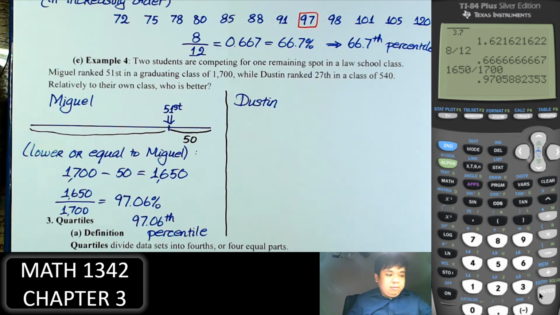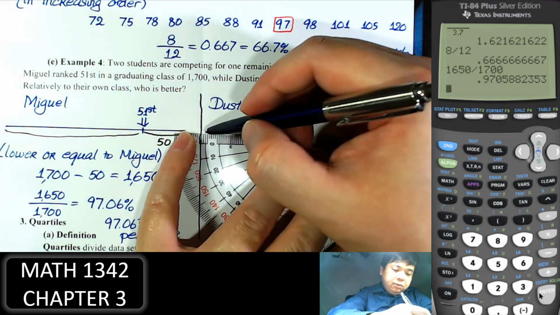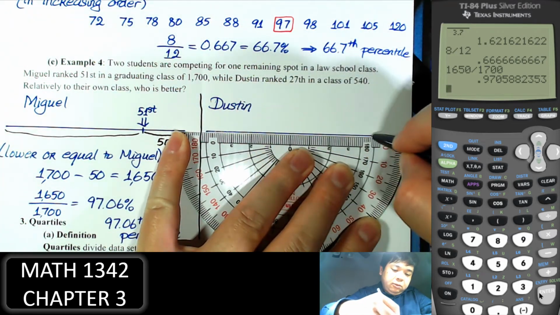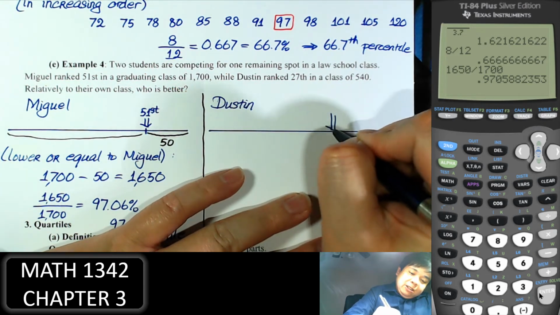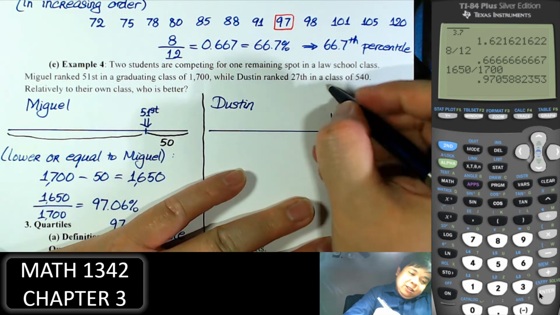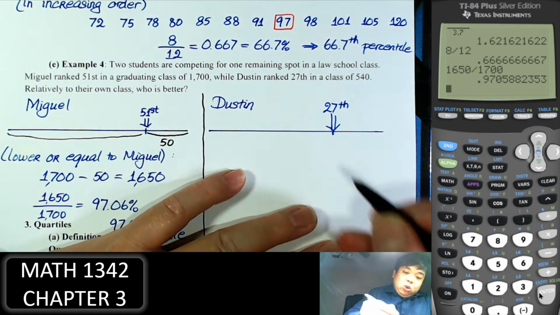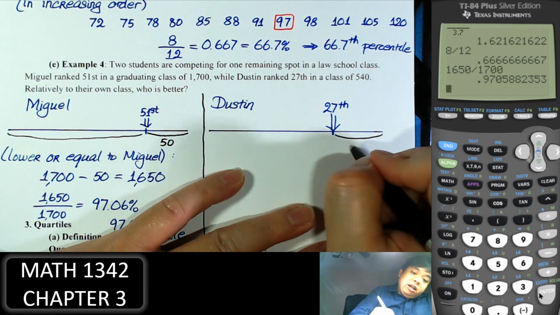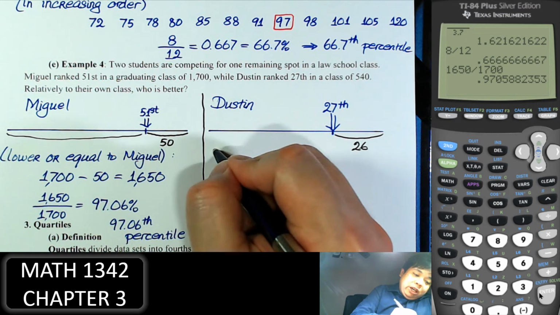Alright, for Dustin, he ranked 27th. That means 26 people better than him. So lower or equal to him.